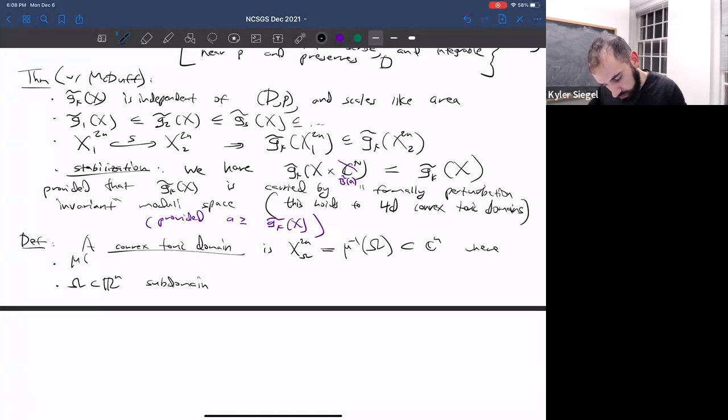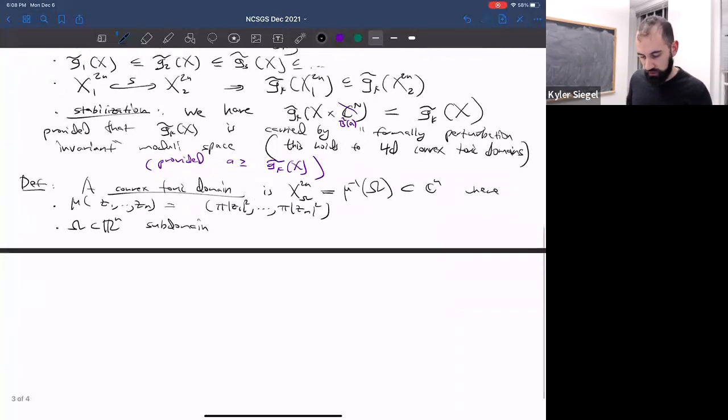Here mu is just the moment map for the standard torus action on C^n. So in particular, these are domains which have a natural torus action on them.